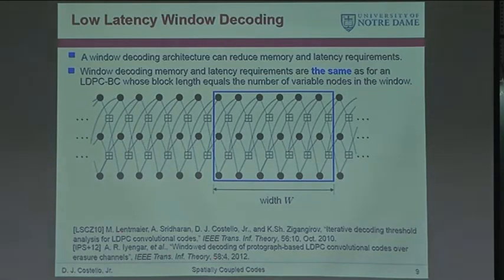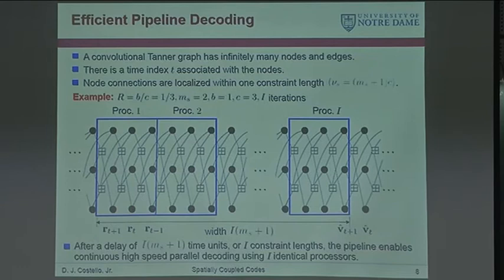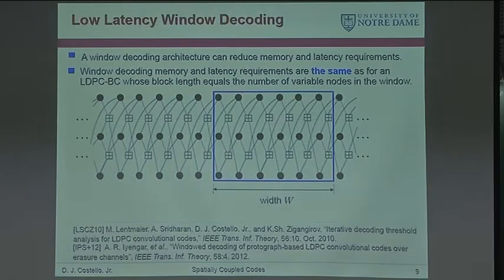We had previously used a version of this to do density evolution on LDPC convolutional codes. But the idea is, if you look back at this pipeline, you've really got I constraint lengths stored in memory. With the window architecture, you store many fewer symbols in memory, typically just a few constraint lengths.